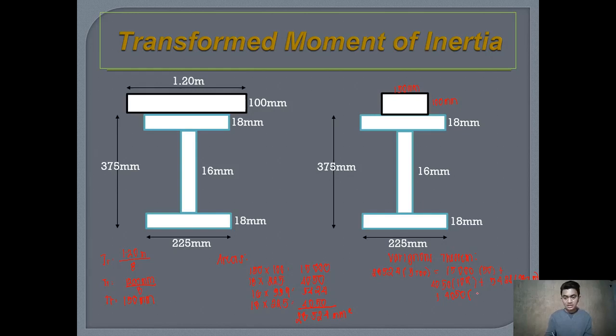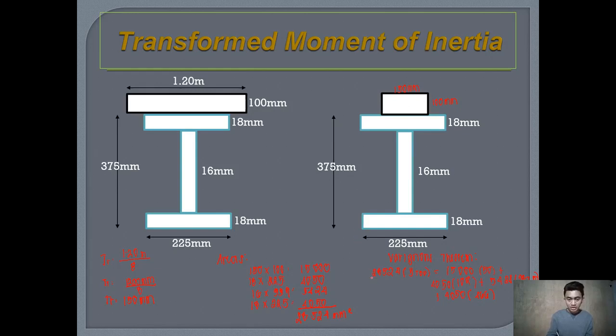Take note, the distances that I am placing here are the distance of each of the section from their centroid to the top now of the composite beam. That is 466. Why to the top of the composite beam? That is because we are trying to determine the location of the neutral axis from the top of our composite beam. Alright, so we have this notation.